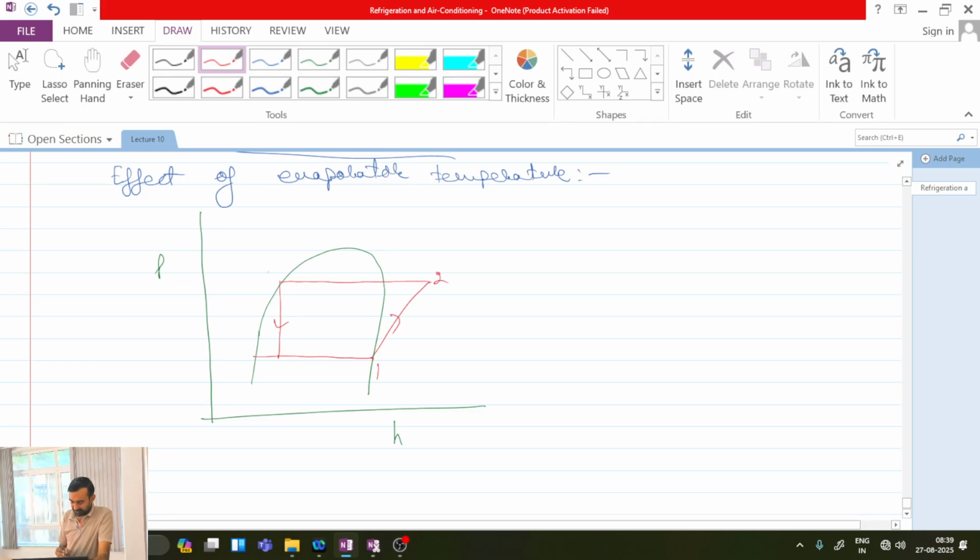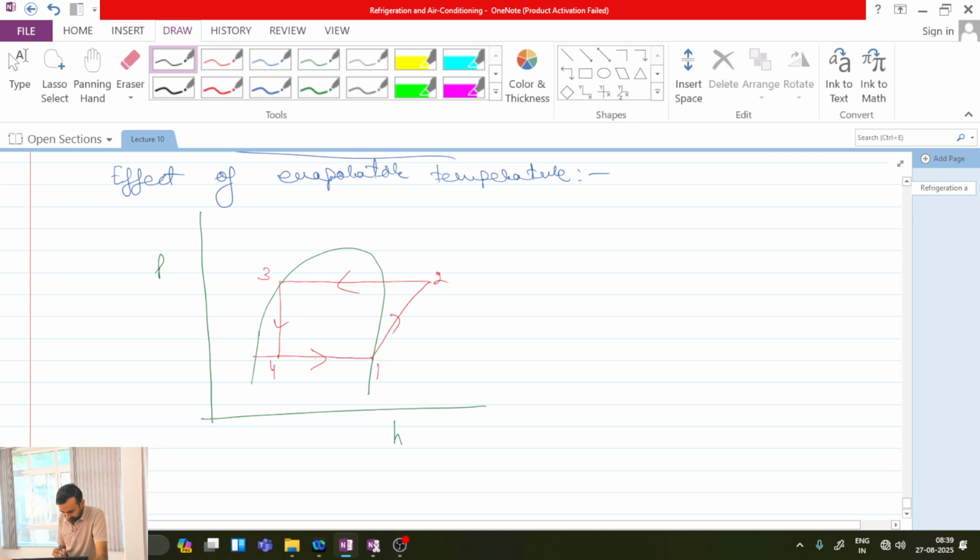Please try to see that the line 3 to 4 should be dashed. Sometimes I am drawing it as a solid line. Okay, so now let's consider that if I have to decrease the evaporator temperature, then what will happen?